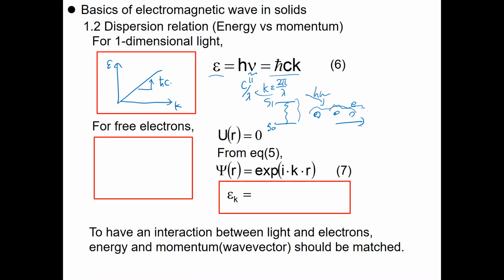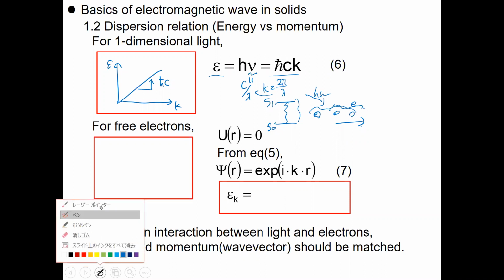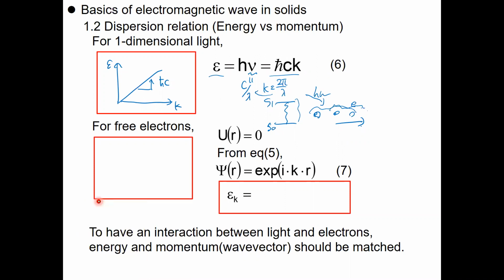But when I think about the electrons, especially for the simplest case, we now think about free electrons, meaning that the potential energy is equal to 0.